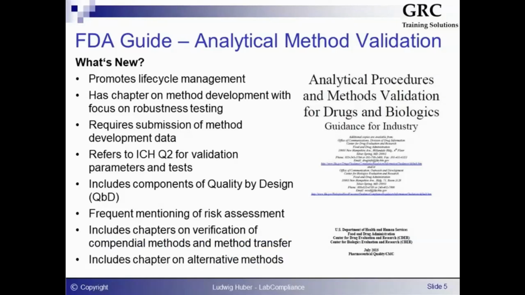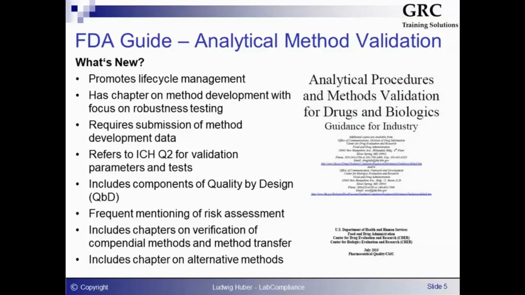It has chapters on method development with focus on robustness testing. That's important because robustness testing is probably becoming more and more important. This will also be done during method development, so I will talk about this. It requires submission of method development data. This is also something new, which we have seen.